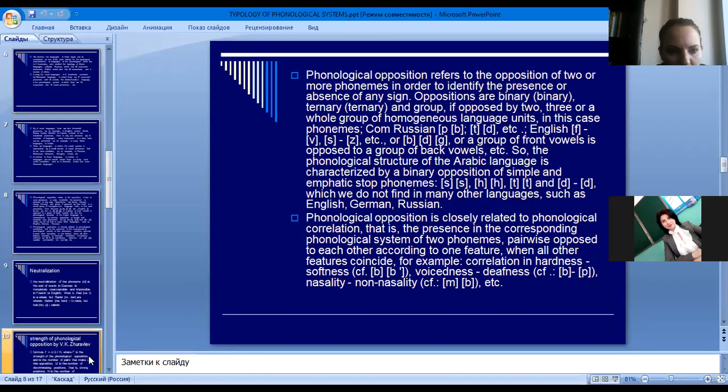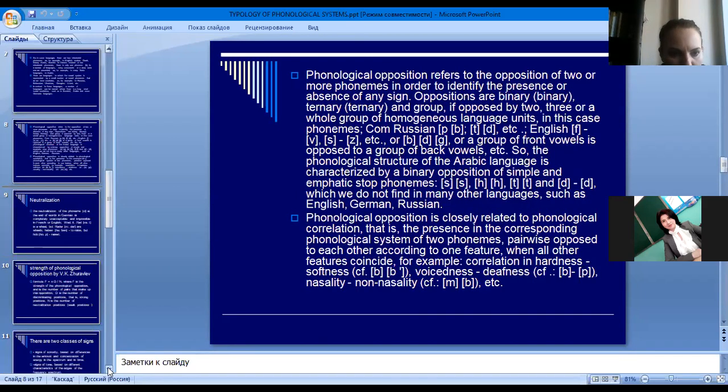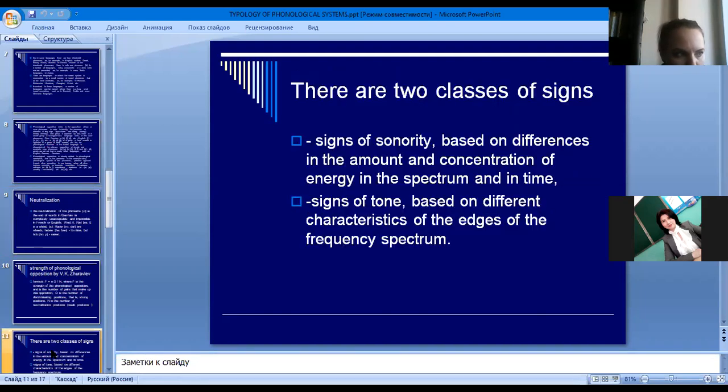The development of electroacoustic equipment provided researchers with the opportunity to obtain special spectrograms of sounds and sound patterns, which made it possible to measure and obtain the characteristics of individual phonemes and make up the phonemic structure of a particular language.